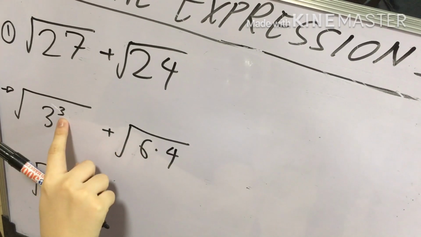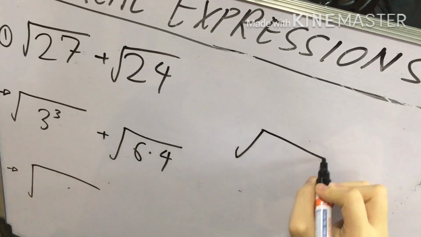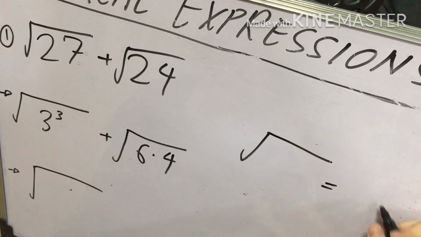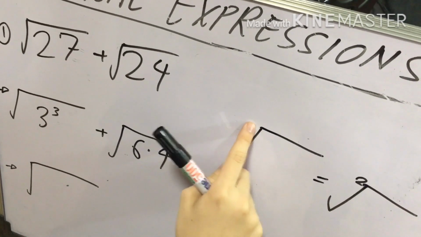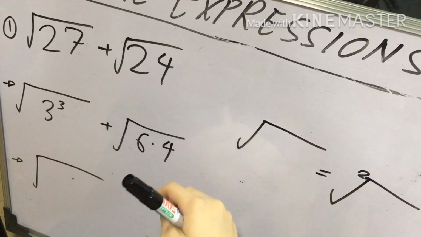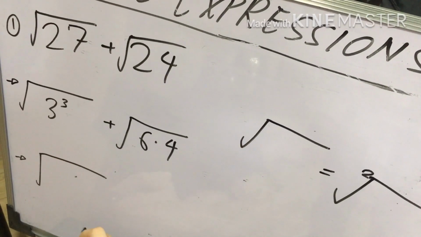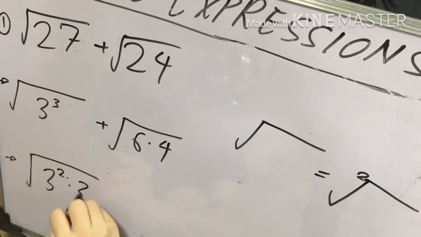It says here cube, but what is required here, since this sign means this, the invisible index over here is supposed to be 2. These are just the same. Don't confuse them. Therefore, we have 3 squared times 3.